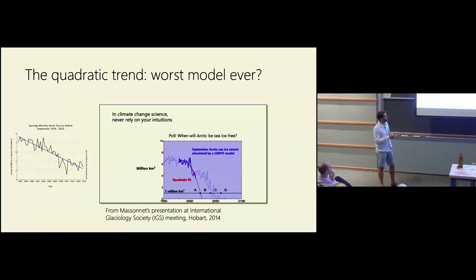And I feel that we are pretty much in that situation now, that this member of that simplified model was actually right, because the current values of observed sea ice extent in September are around 4 to 5 million square kilometers in 2025.